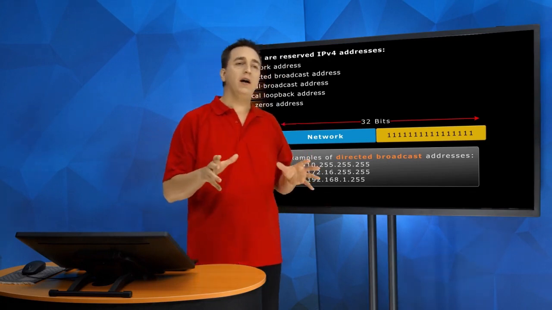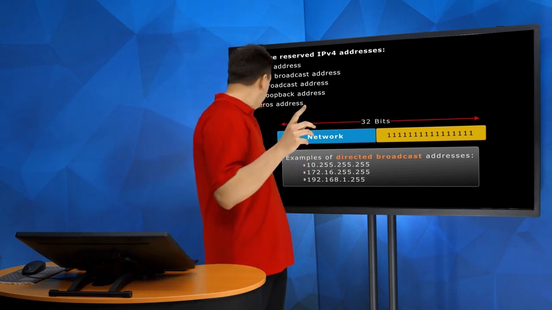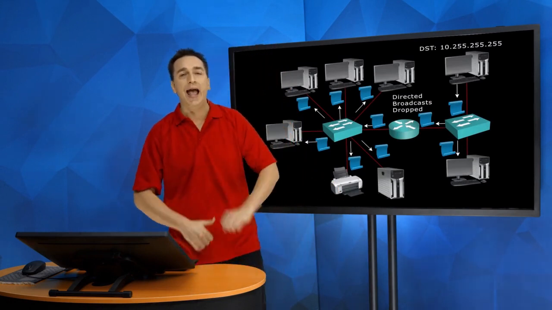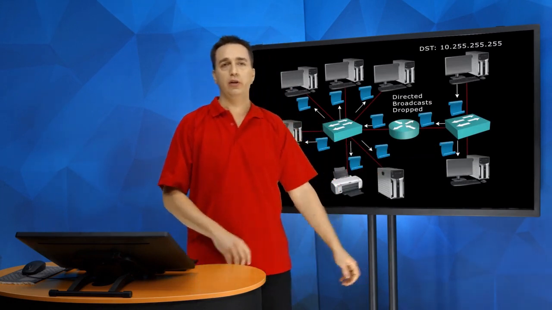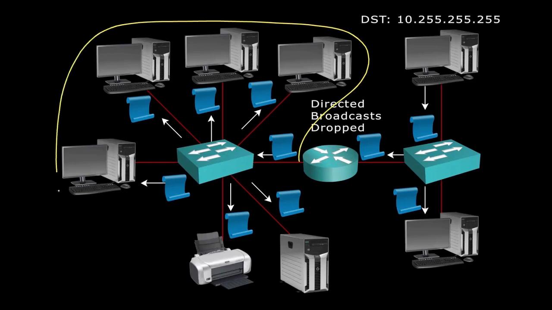So what's the point of a directed broadcast address? Well, the directed broadcast address allows anybody outside of your network to communicate with everybody inside of your local area network. In this example, we have our local area network right here. What is the very last address for this local area network?